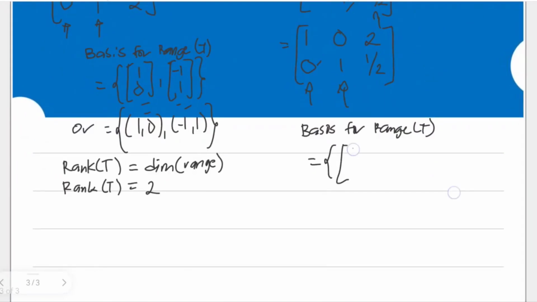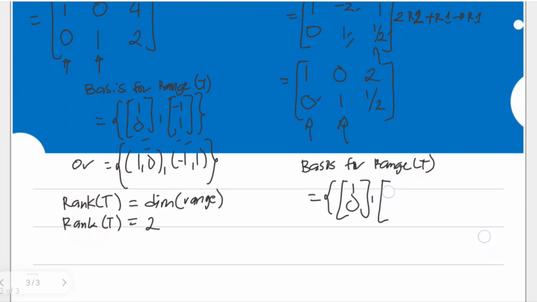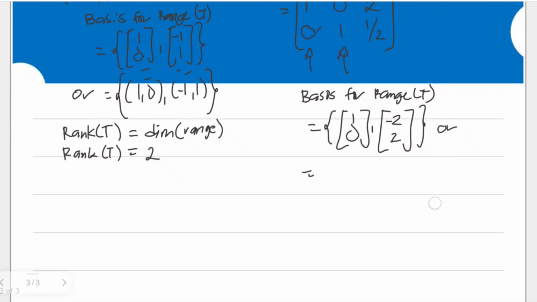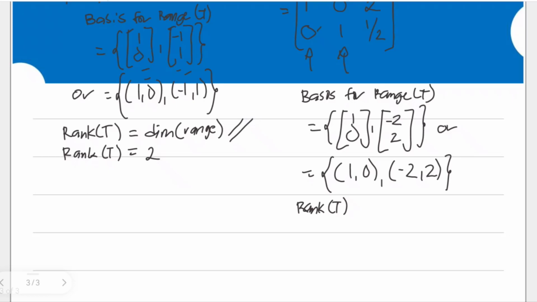You will have 1, 0, and you have -2 and 2. This means the rank of T, being the dimension of our range, and our range here contains two vectors, the rank of T for the second matrix is also 2.